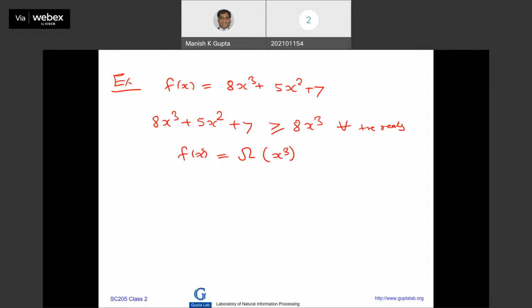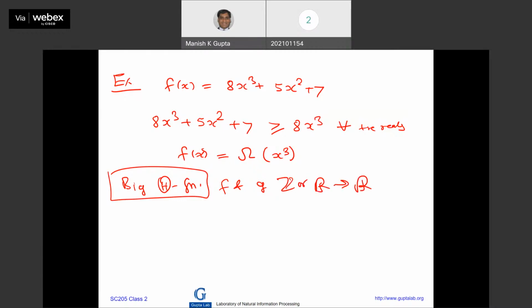Okay. So another definition that is quite useful is the big theta function. This is kind of combining both. So again, f and g are functions from integers or reals to reals.